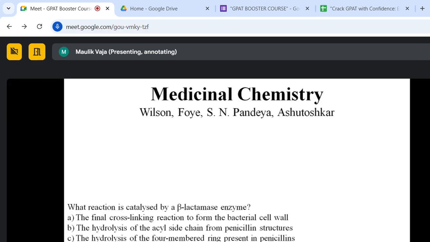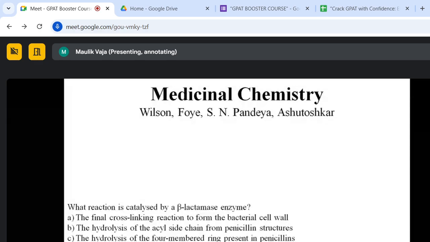If you want, you can write it down. Three disadvantages are there. First is acid sensitive, second is beta lactamase sensitive, and third is that it is effective only against gram positive bacteria.